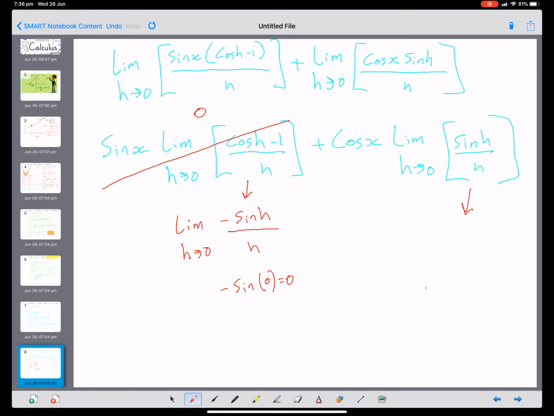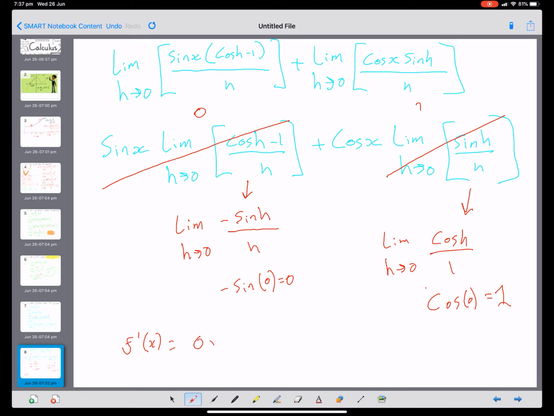Let's do this other limit. We've got the limit as h goes to 0, and we differentiate numerator and denominator. We differentiate sine h to get cos h, and we're just left with 1. So we can do cos of 0, which is 1. So here we're just left with 1. Let's finish off f dash of x.